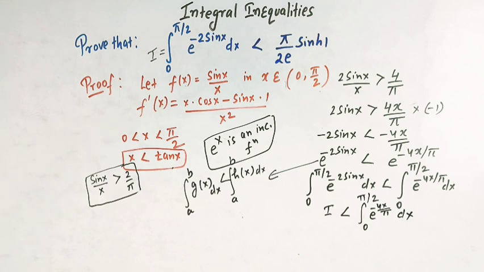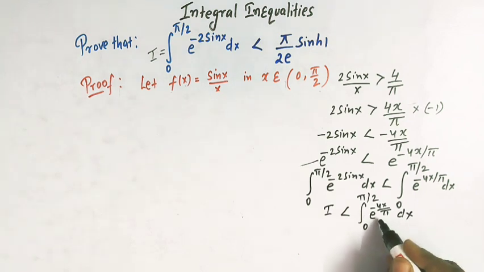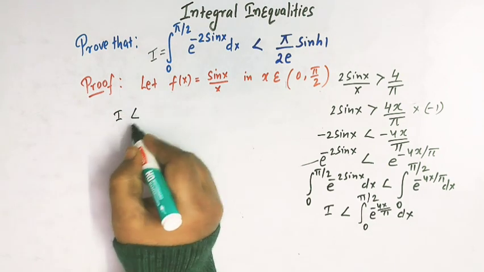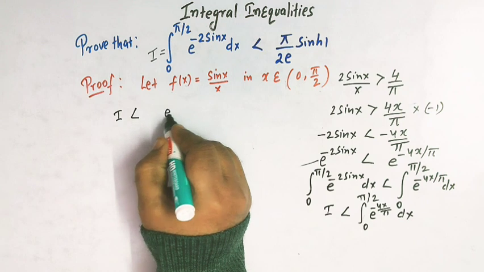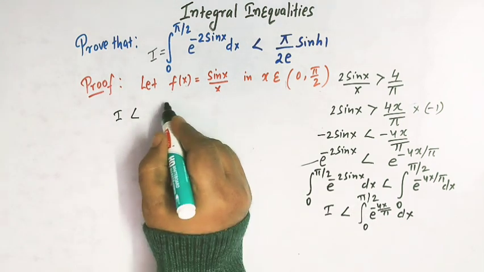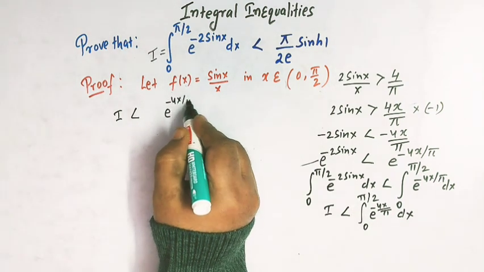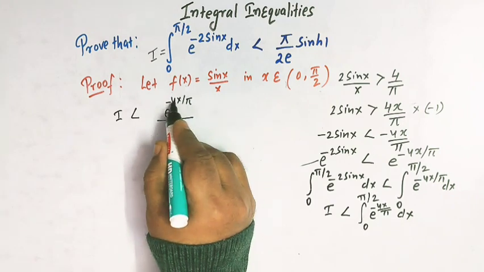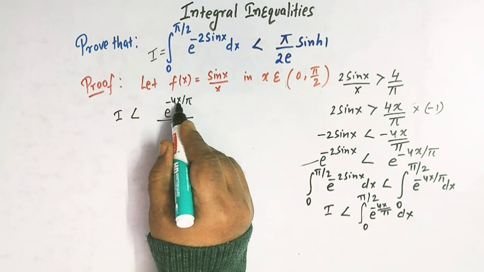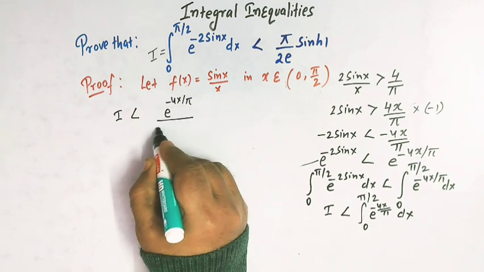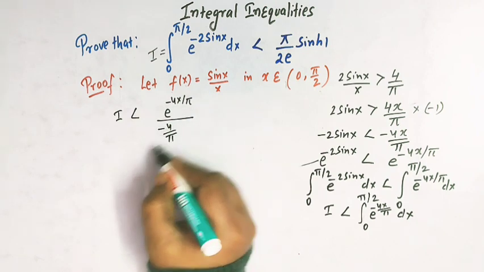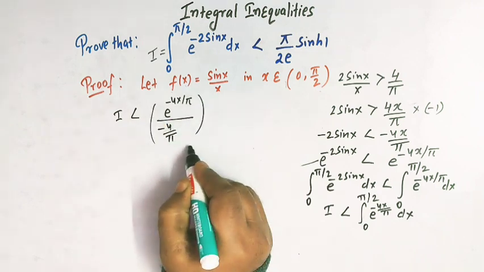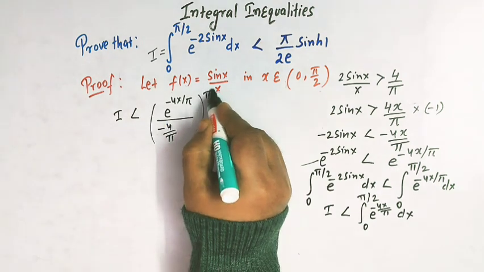So now let us integrate this function e raised to minus 4x over pi. So we have I less than the integral of e raised to minus 4x over pi, which is e raised to minus 4x over pi divided by minus 4 over pi, right? And the limits of integration are from 0 to pi by 2.